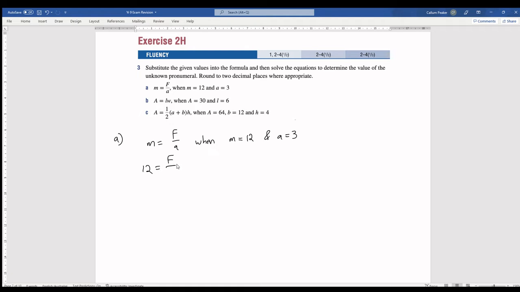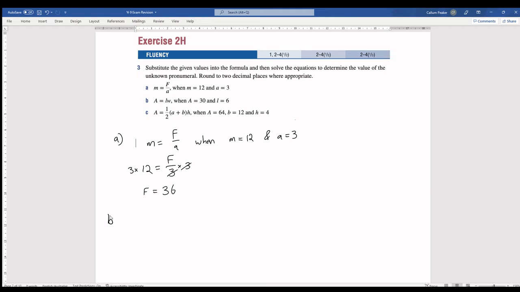We don't know what f is, but we know that a is 3. And then we are asked to solve these equations and determine the value of the unknown pronumeral, in this case, what is f. And you might be able to see we can do this by multiplying both sides of the equation by 3, and that will cancel these terms here, and that will give us f is equal to 12 times 3, which is 36. And that's how you would do part A.